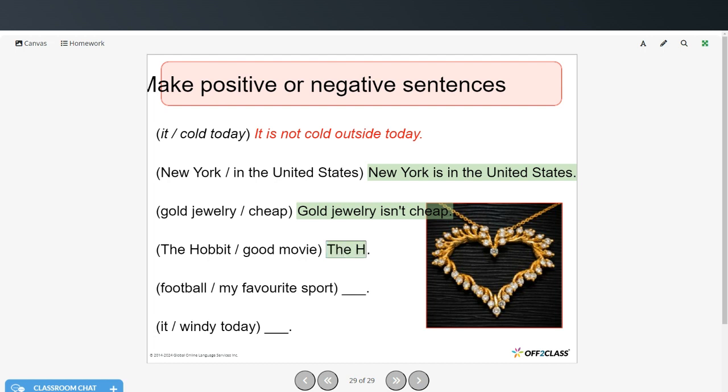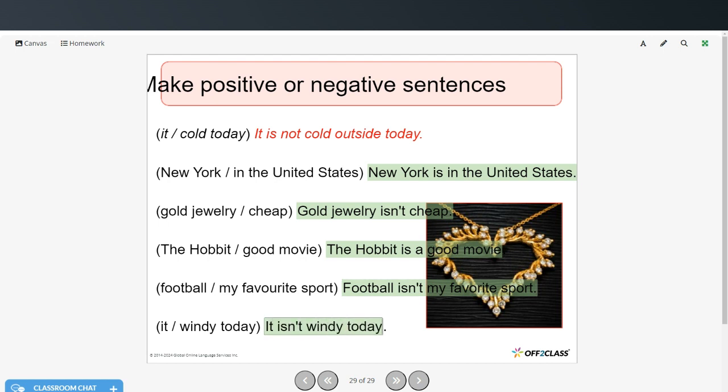The Hobbit is a good movie. Football isn't my favorite sport. And it isn't windy today.